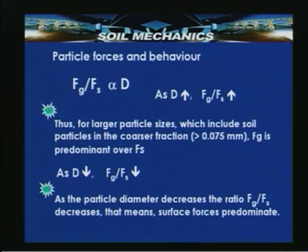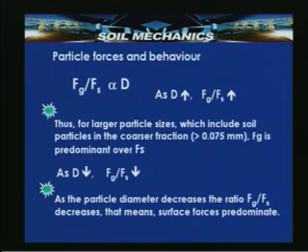Suppose, as particle diameter decreases, the ratio Fg by Fs decreases. That means surface forces predominate. So, with an increase in the particle size, the ratio of Fg by Fs increases.